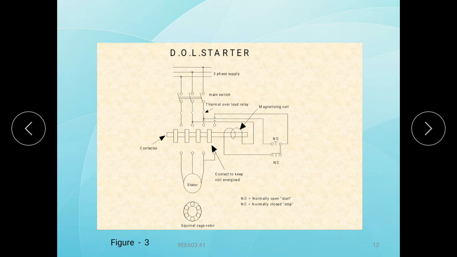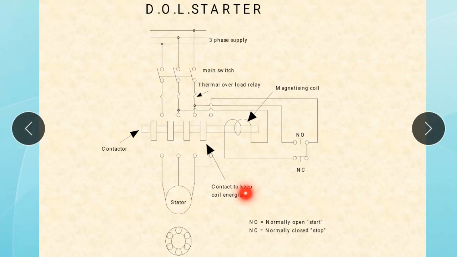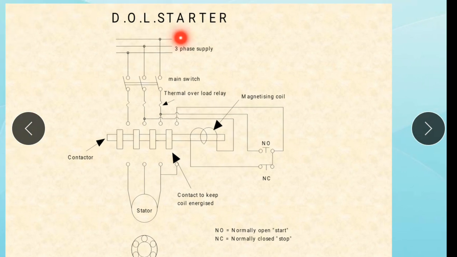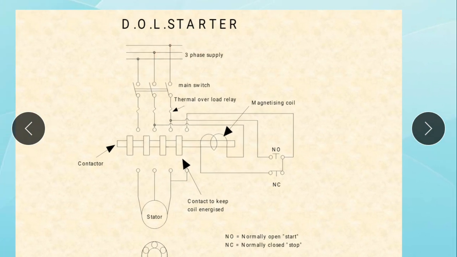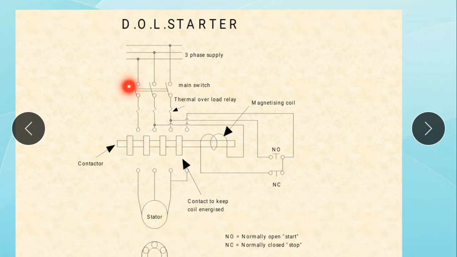This is the DOL starter. This is the three-phase supply: R phase, Y phase, B phase, and this one is the main switch.